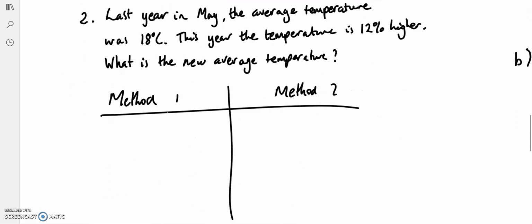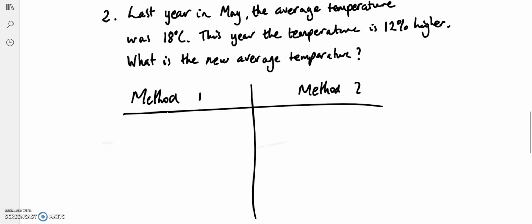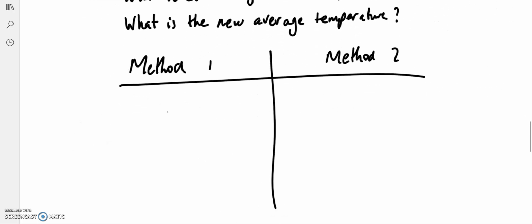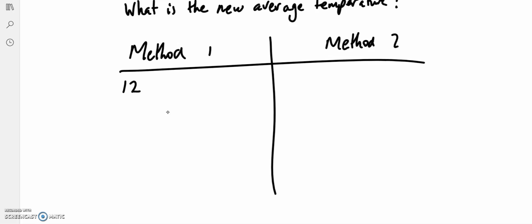Question 2. Last year in May, the average temperature was 18 degrees Celsius. This year, the temperature is 12% higher. What is the new average temperature? So this is an increase question. It's higher, so it's going to be bigger than 18. So we're going to do 12% of 18. 12% divided by 100 is 0.12, and we're going to times it by 18. 0.12 times 18 is 2.16.